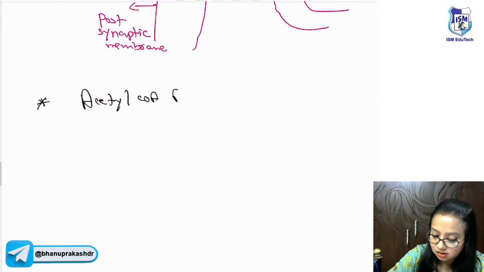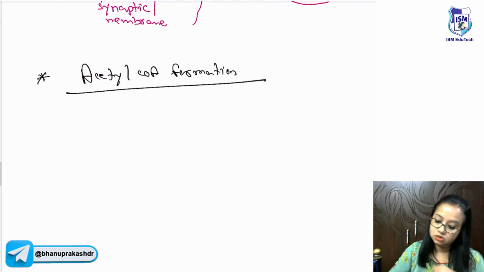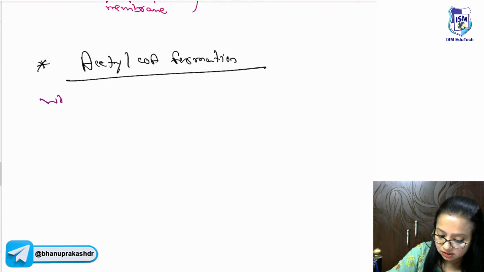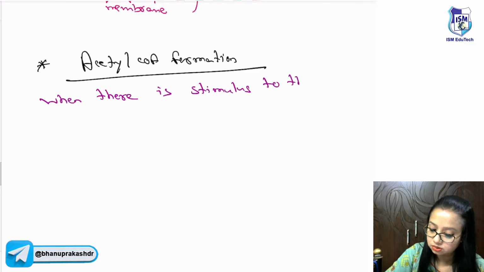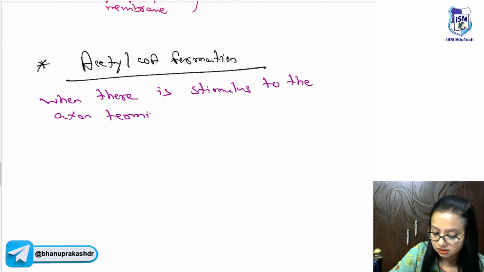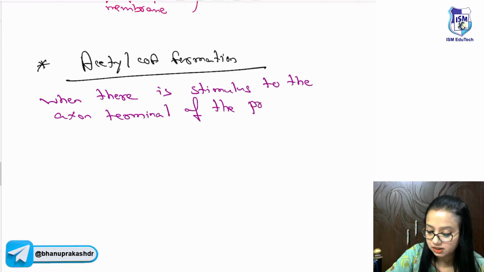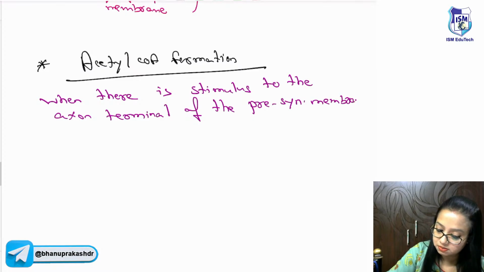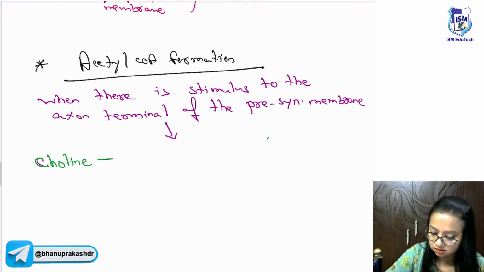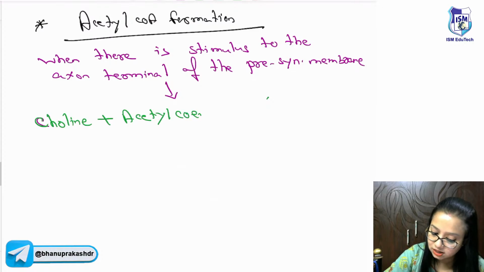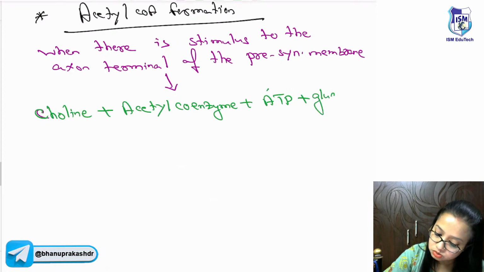Now, going all the way to understand the acetyl CoA formation. It so happens that when there is a stimulus to the axon terminal of the presynaptic membrane, then choline plus acetyl coenzyme plus ATP plus glucose.